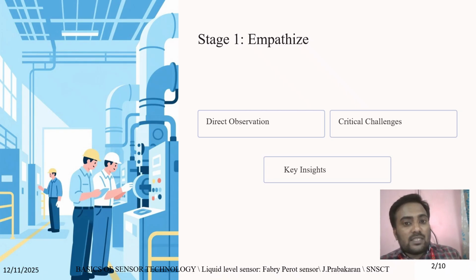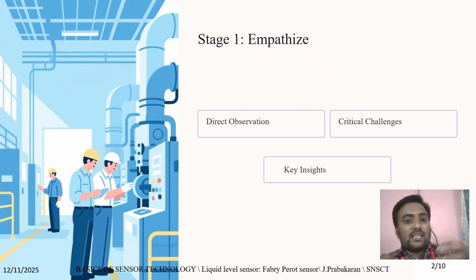Through direct observation, we can watch how operators handle sensors in a real industrial environment and identify the practical problems they face. The key challenges observed include sensor accuracy degradation over time, durability failures in harsh chemical or temperature conditions, and complicated installation procedures. From this observation, we derive several key insights.